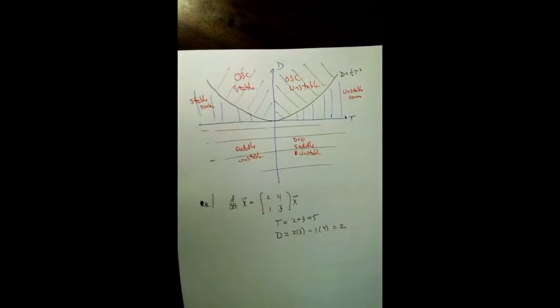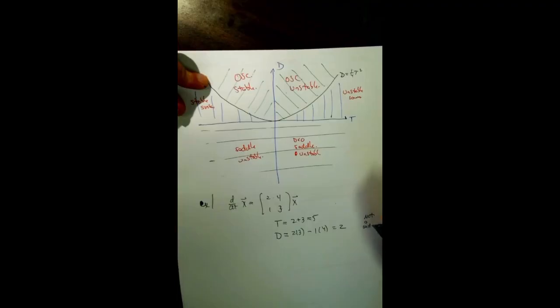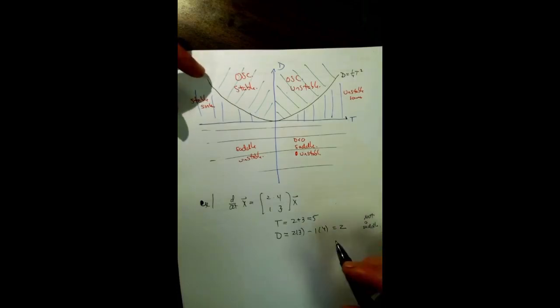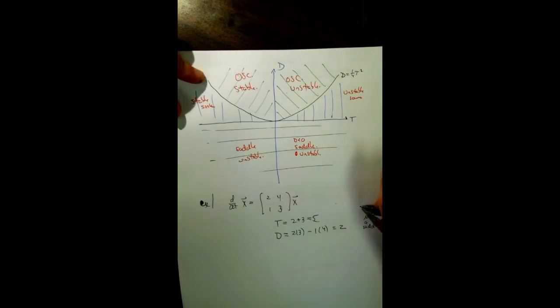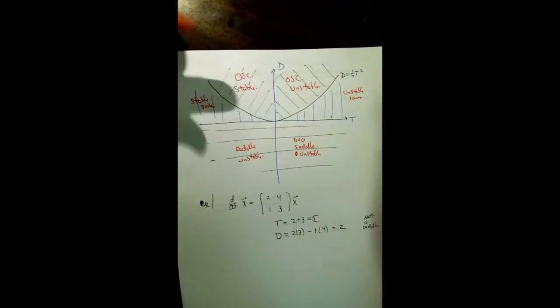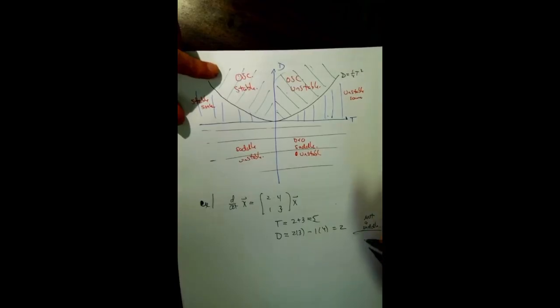I immediately see it's not going to be a saddle. Okay, so I can rule that out immediately. I see that T is positive. So T is positive and D is positive, so I'm in the first quadrant, so I know it's unstable.